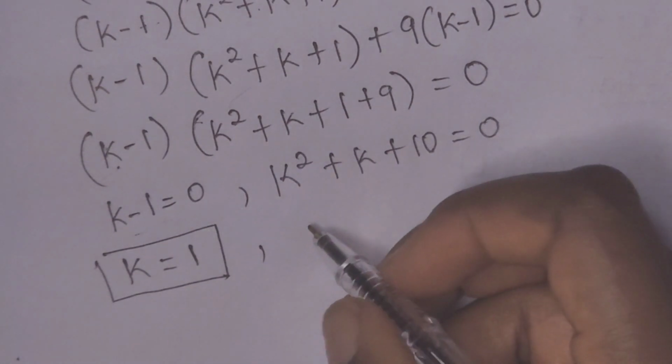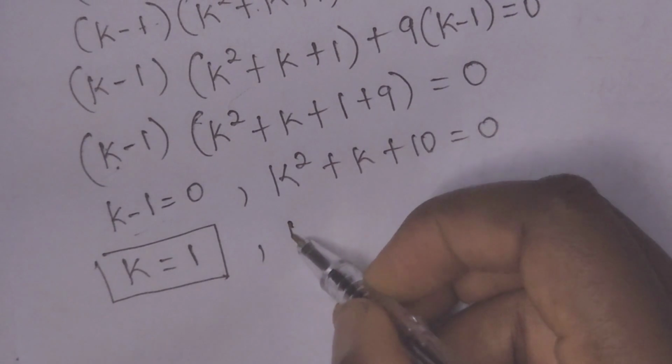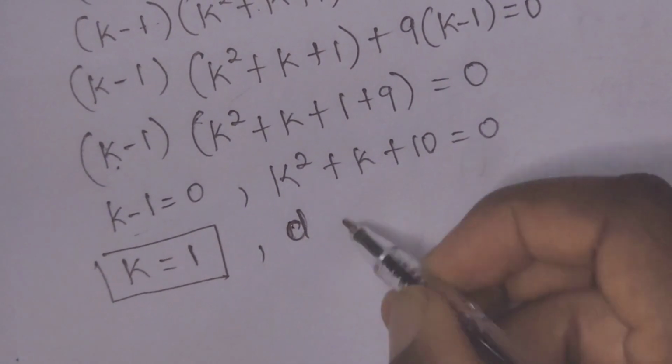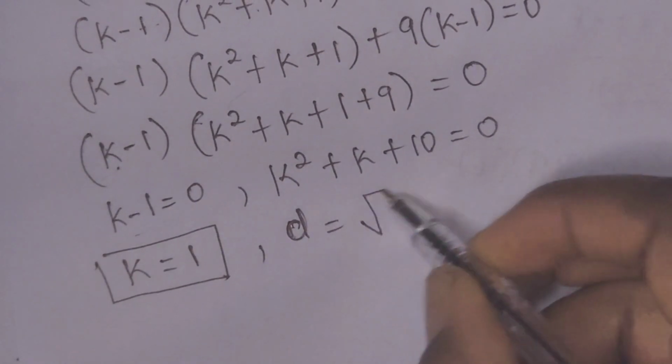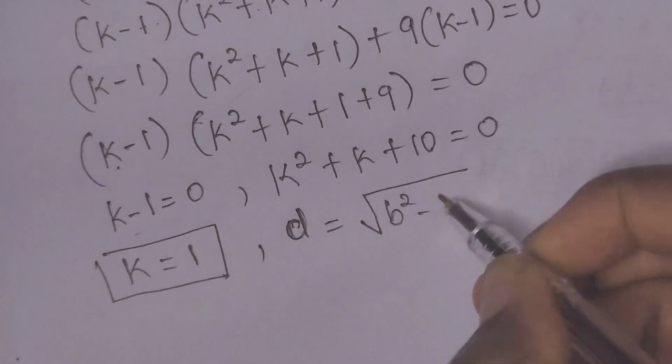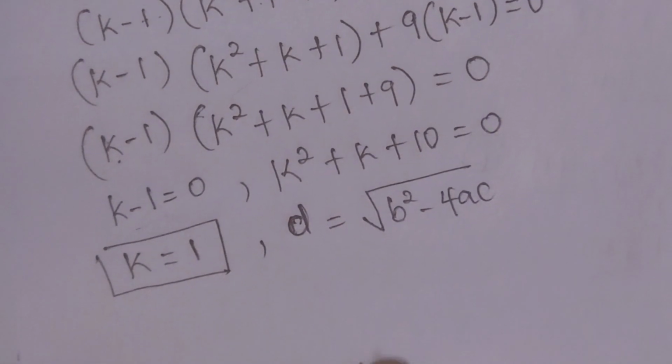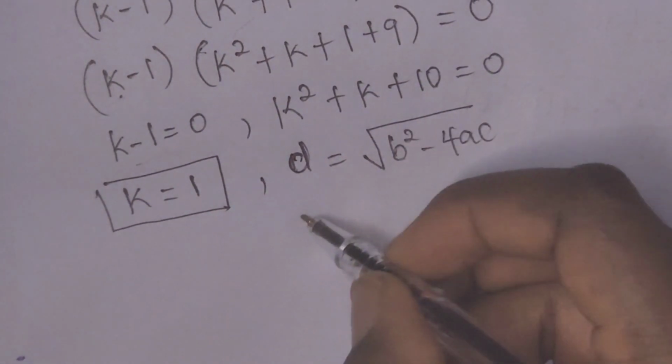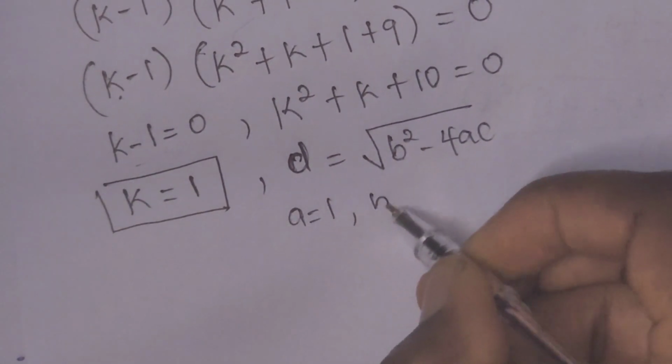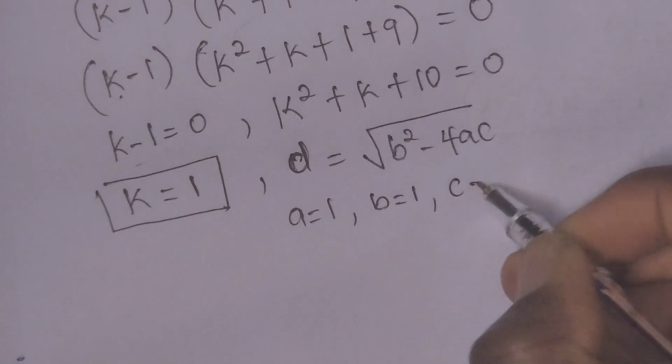So we have our d to be equal to the square root of b squared minus 4ac, and we have a equal to 1, b equal to 1, and c equal to 10.